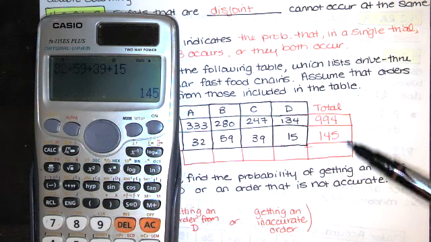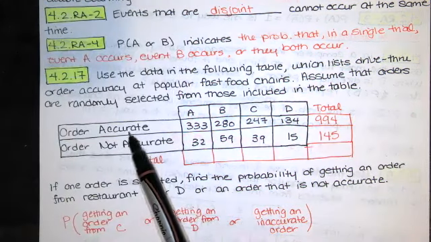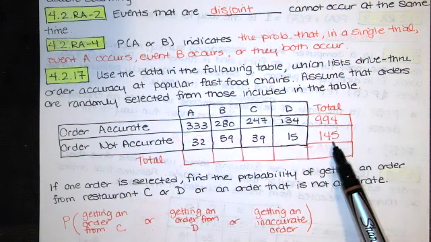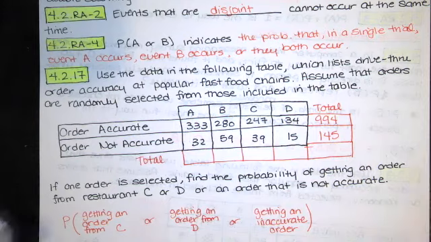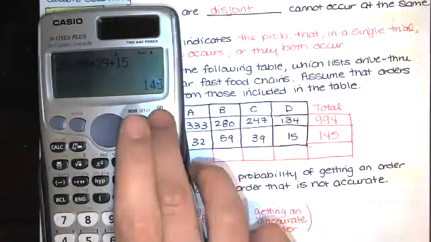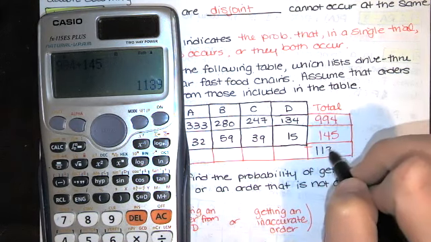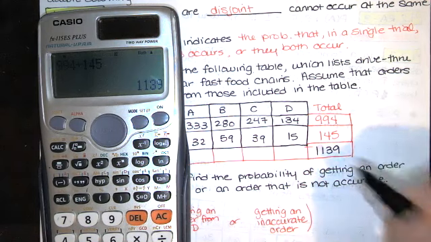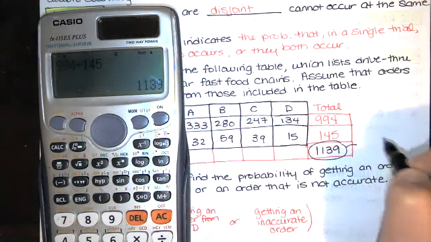So if I want to know the total number of orders in my sample, I can just add the 145 inaccurate orders to the 994 accurate orders. So we've got 994 plus 145, and that is 1139. So there are 1,139 orders in our entire sample.